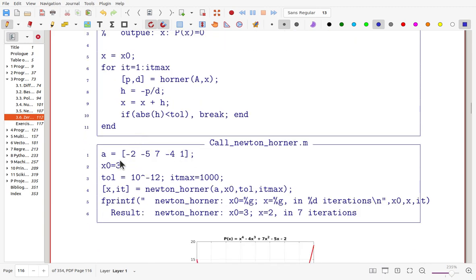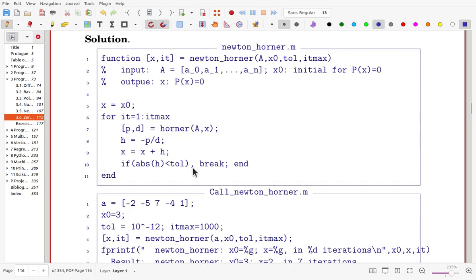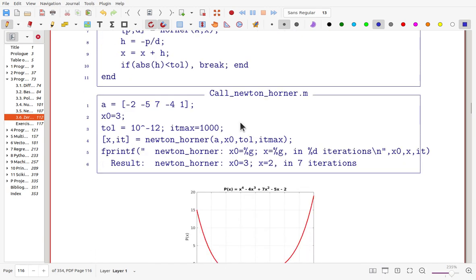Here a is the coefficients, x0 is 3, the tolerance is 10 to the minus 12, and the maximum iteration is 1000, and we call Newton-Horner. The output is the approximate zero, and we also want to see the number of iterations, so that is returned.